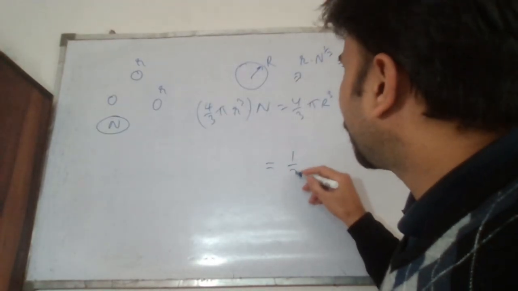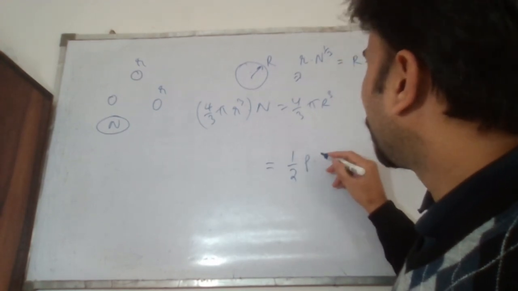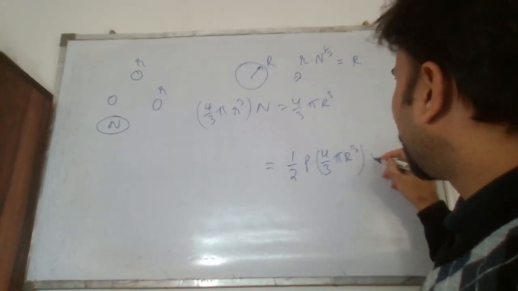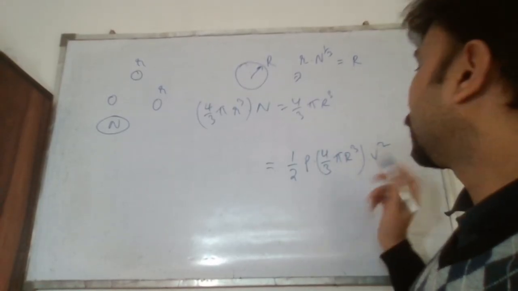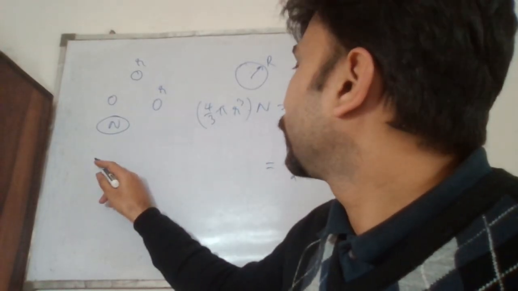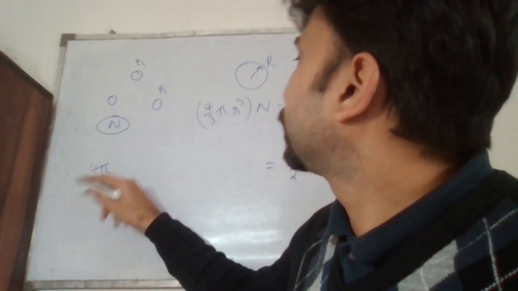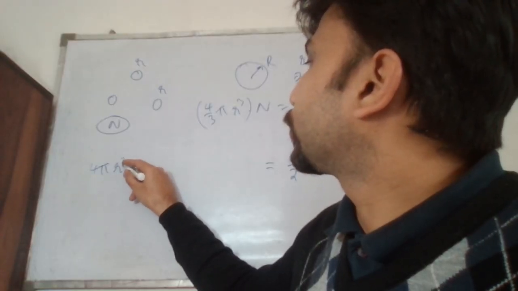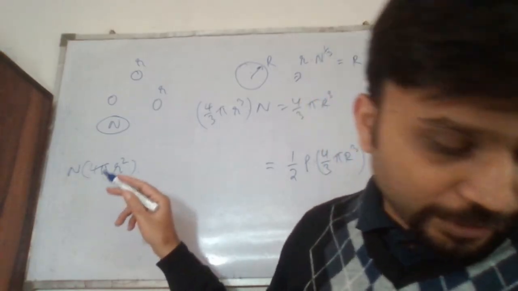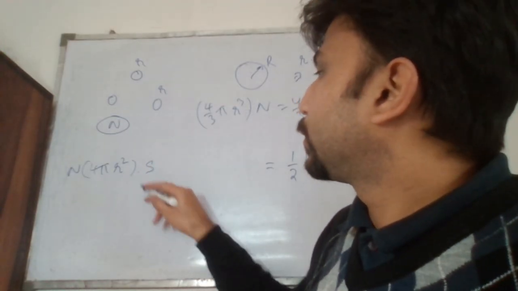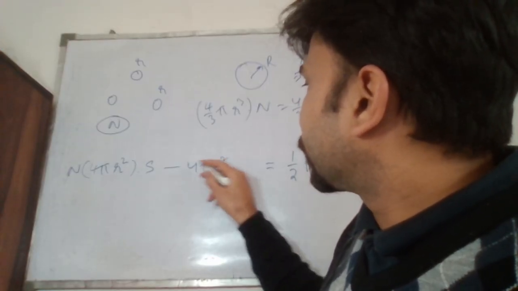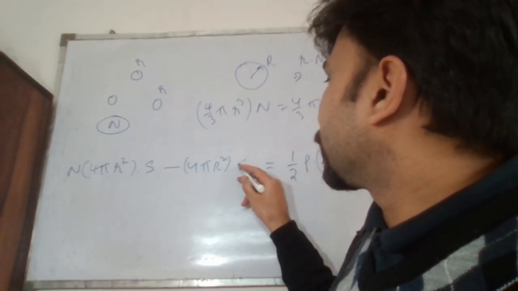So I will say half density 4 by 3 pi R cube into the speed of the drop squared is equal to 4 pi r square times N drops into surface tension S, minus 4 pi capital R square into surface tension S.